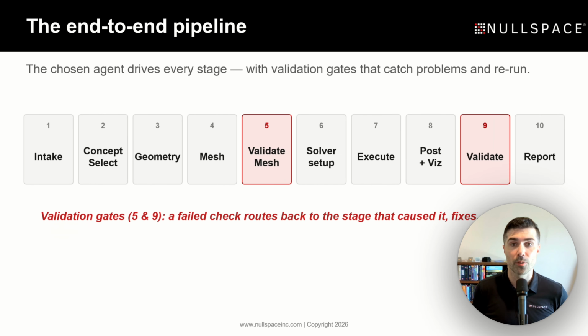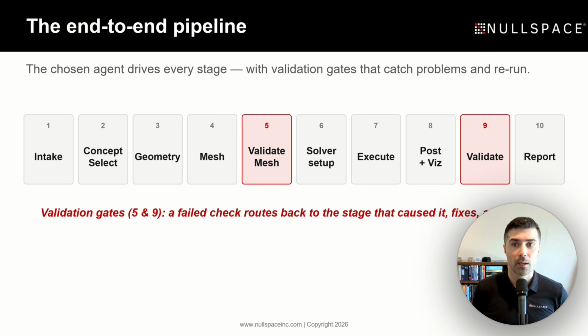And notice that there are 2 checkpoints or validation gates. If one of these checks fail, then the agent doesn't just plow ahead. It routes back to the stage that caused the problem, fixes it, and then reruns the simulation. That's the part of this process that makes it trustworthy and fast.